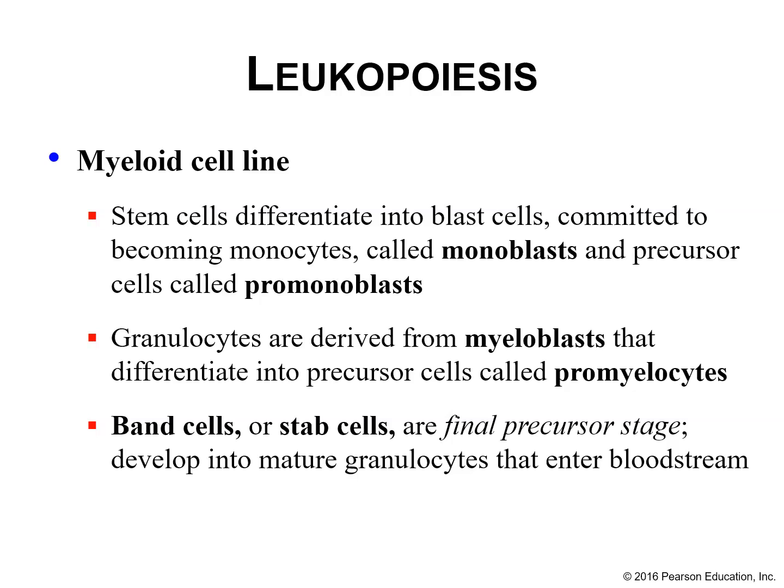You also have band cells or stab cells, which is your final precursor stage for many of your myeloid cell lines. And these then develop into mature granulocytes, like a neutrophil or a basophil or an eosinophil, that then enters the bloodstream.